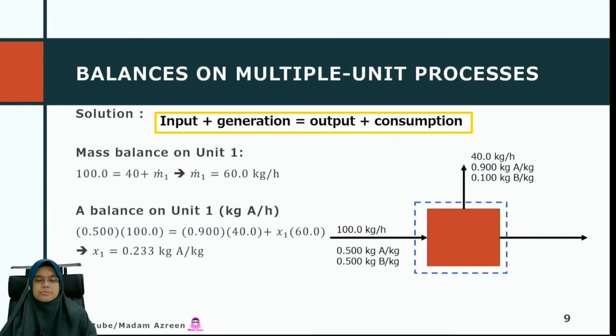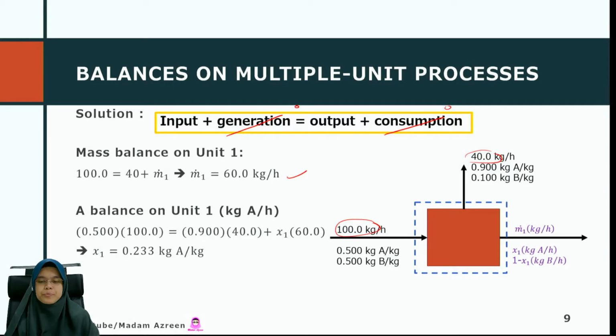Okay, so we start a mass balance on unit 1 first. For the mass balance for unit 1, we have inlet 100 and outlet 40 plus your M1. This does not involve a reaction, so input equal to output, and you can straight away get the value of M1. Hopefully you manage to get this value.